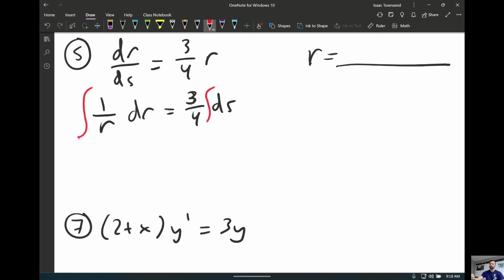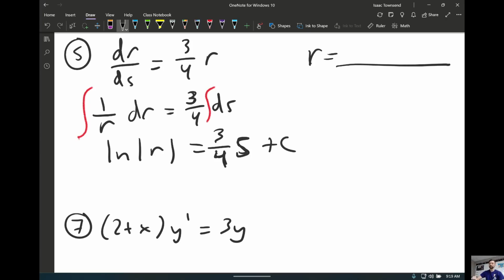Then when you integrated, this is one we have memorized, the natural log of the absolute value of r. This is an understood one, so integrating 1 ds would be s. Does that look good? Plus c, good.